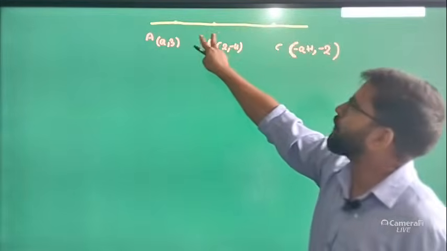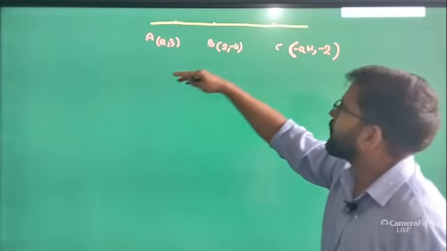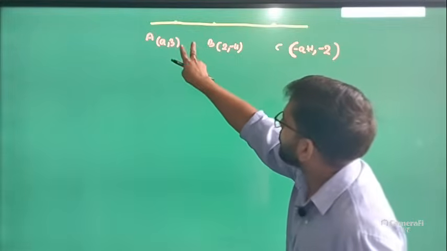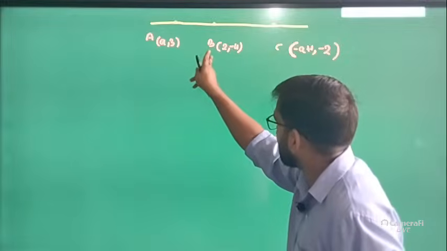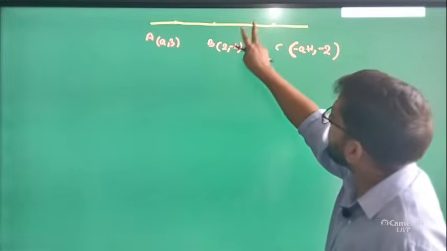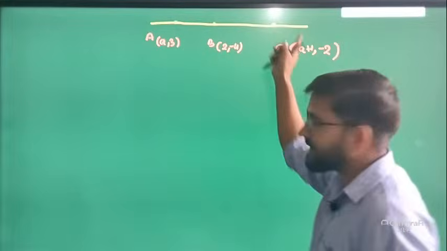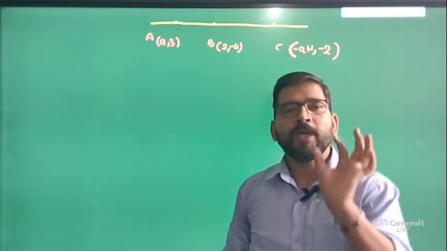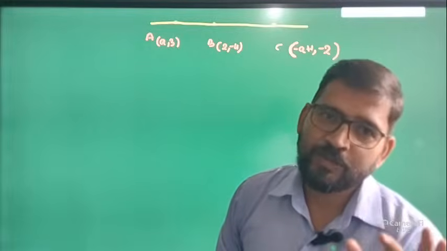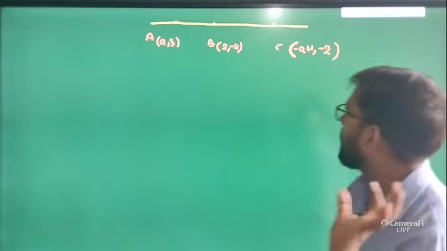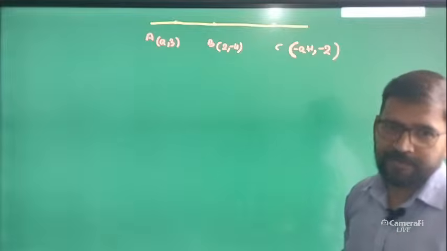If you take any 2 points, the slope will be the same. So you will say, sir, that means the slope taken from the points AB will be equal to the slope taken from the points BC, or the slope taken from the points AC will be the same. Whichever 2 points you take, the slope will be the same. I hope it is clear.